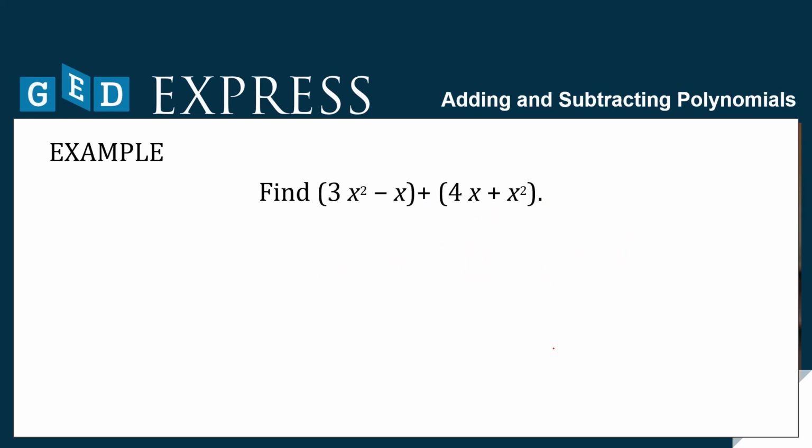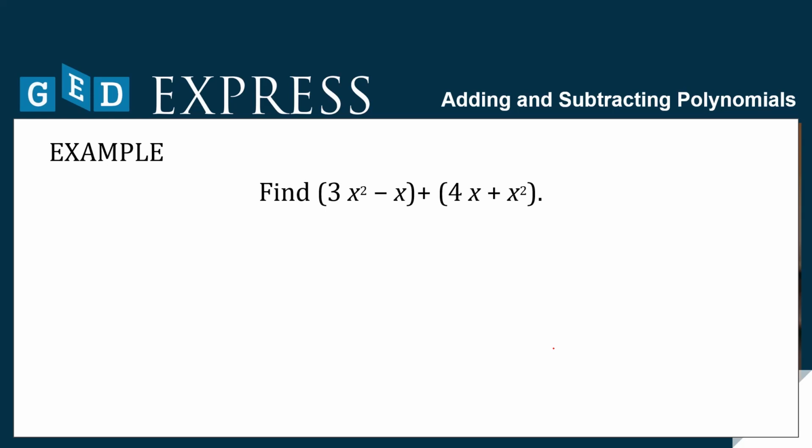Okay, last example. Find 3x to the power of 2 minus x plus 4x plus x to the power of 2. Again, when two polynomials are added, both sets of parentheses can be dropped in the first step because distributing a plus does not change any of the signs.